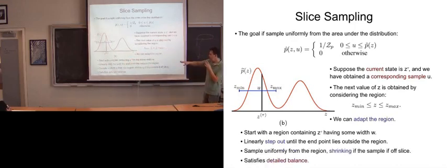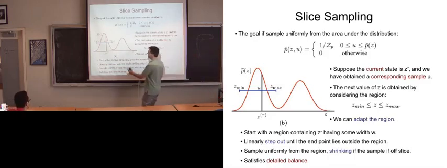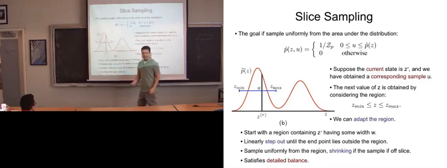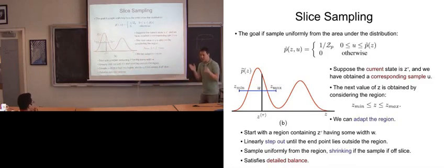Then you sample uniformly in this region, shrinking the region if the sample is off the slice, and you can show that it satisfies detailed balance. I'm not going to show it here, but it does satisfy it. It's a nice procedure: you have a stepping procedure, you sample from it, and you gradually step out if you're rejecting samples that lie outside of the slice.